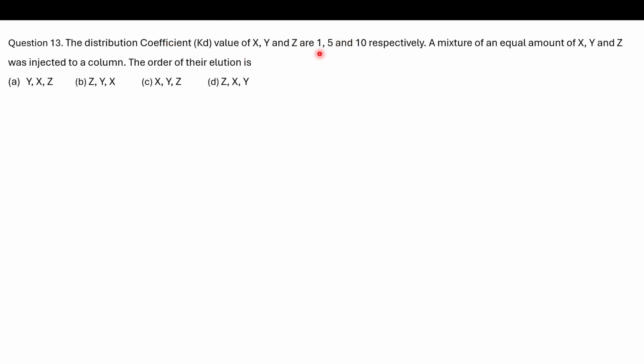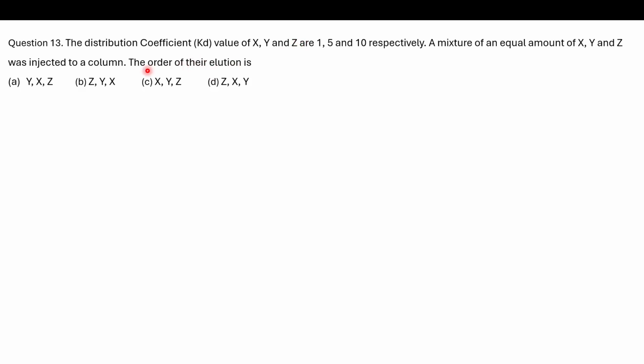So if X has 1, Y has 5 and Z has 10, that means Z is distributed very nicely over the distribution plates on the matrix and interacts more readily with the matrix compared to the other components.